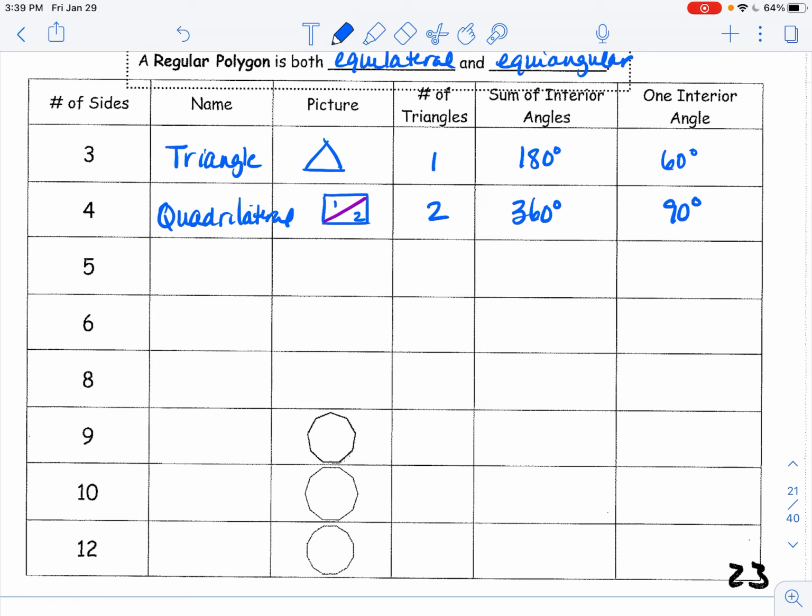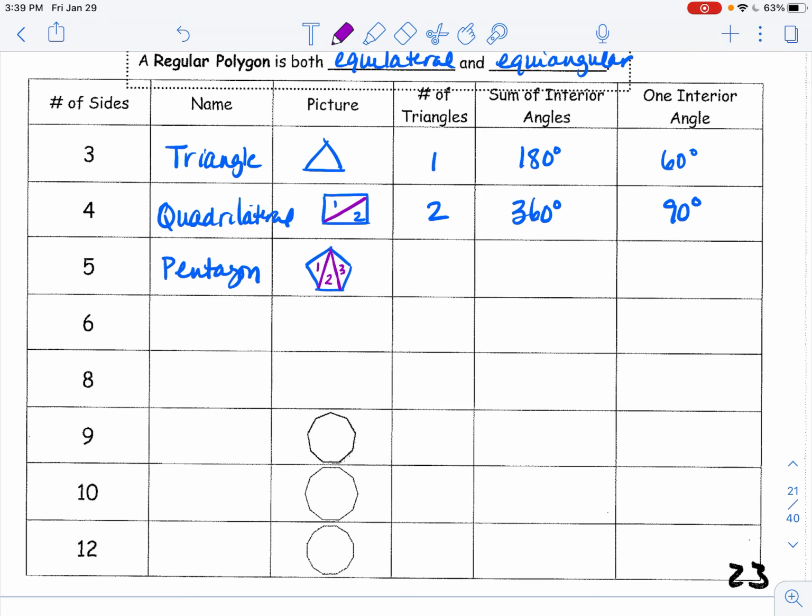The next up, 5 sides is a pentagon. All right, so now let's draw a pentagon. That looks like a little house. So how many triangles could we make that don't overlap? From the top vertex to this bottom corner, that would be 1. Top vertex to this bottom vertex, that would be 2.